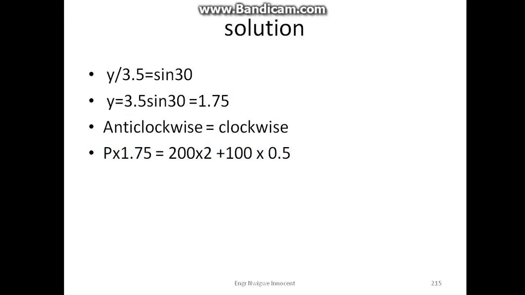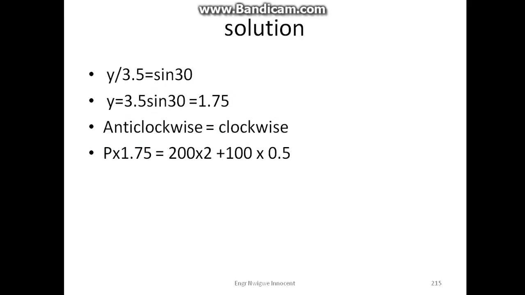Then to solve for P, P times 1.75 is equal to 200, times 1.5 plus 0.5, which is 2, plus 100 Newton times the remaining distance of 0.5.